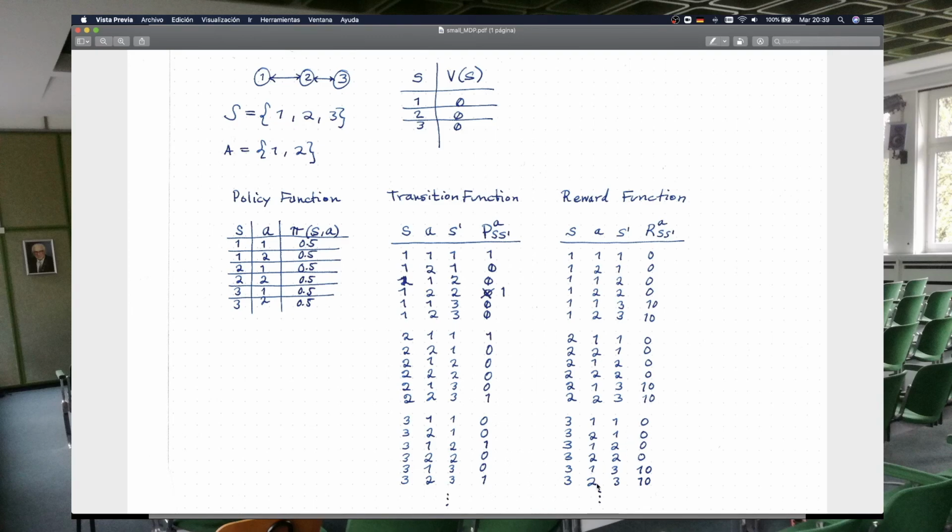And in this other block here of the reward function, the only possibility is also the last entry, which is going from being in state 3, applying action 2, so going right, and you remain in state 3. That will be also again a reward of 10. So this means if the agent is in state 3, applies go right, since it will stay in state 3, will get again the reward.